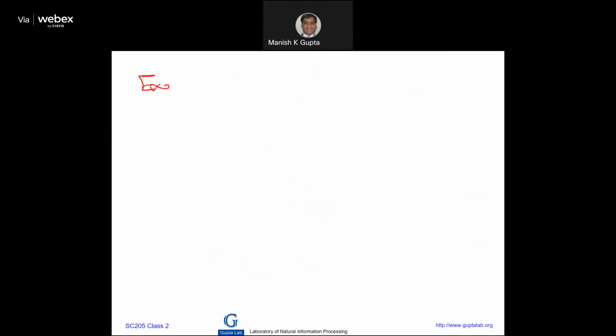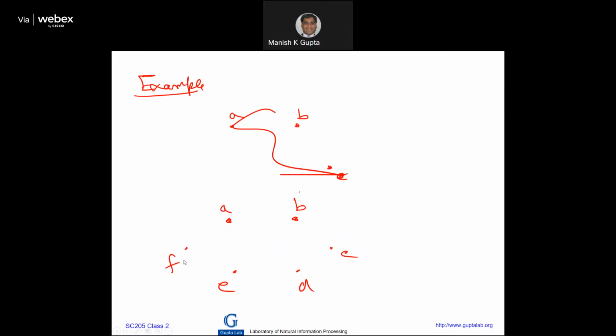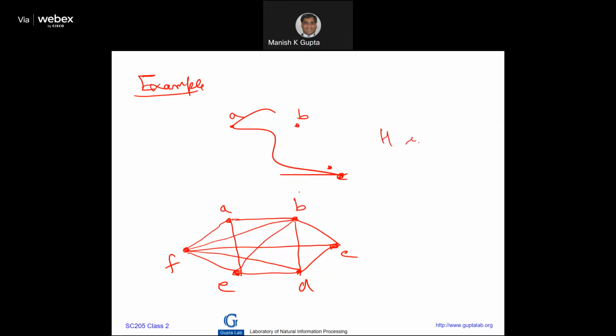Take another example. A, B, C, D, F. I am going to draw another graph and I'll ask you whether it is bipartite or not, right? So is this graph bipartite or not?